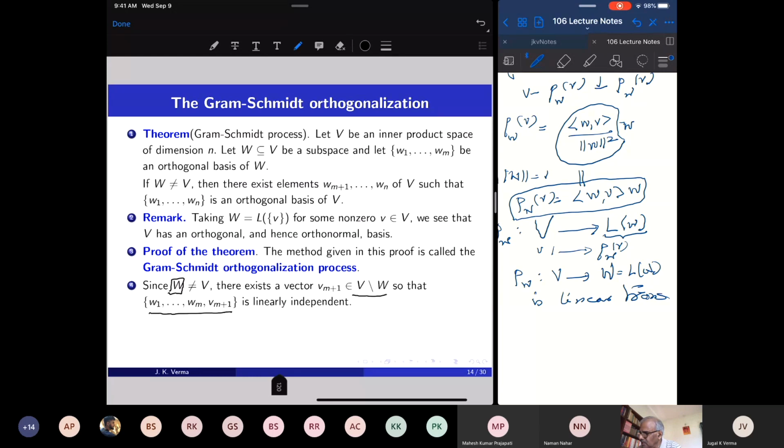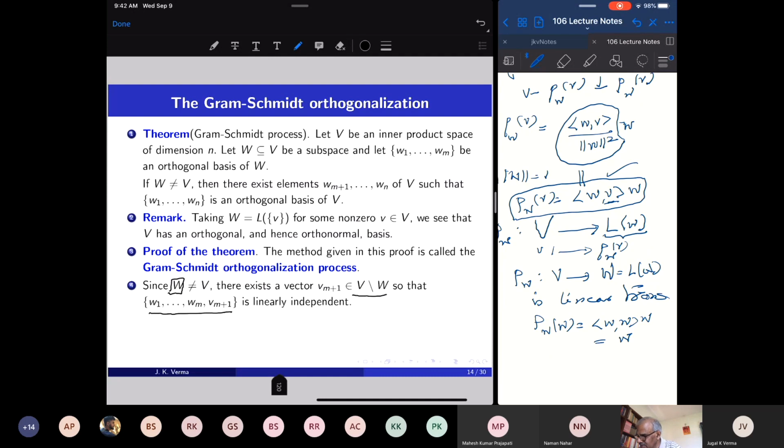From the properties of the inner product, which is linear in the second coordinate, it is a linear transformation. And of course, what happens to W? Where is W mapping to? P_W of W is equal to the inner product of W with W times W, and that is equal to W. So all vectors in the direction of W are fixed by the projection. Geometrically this is clear.